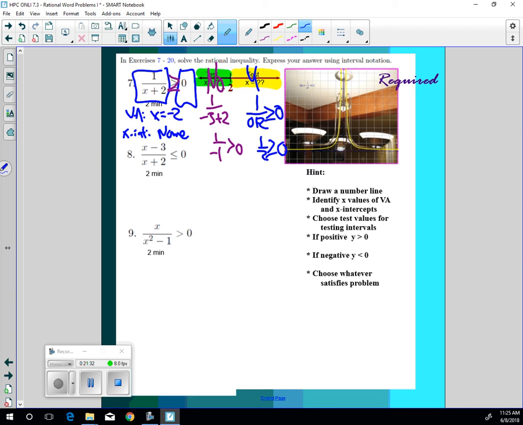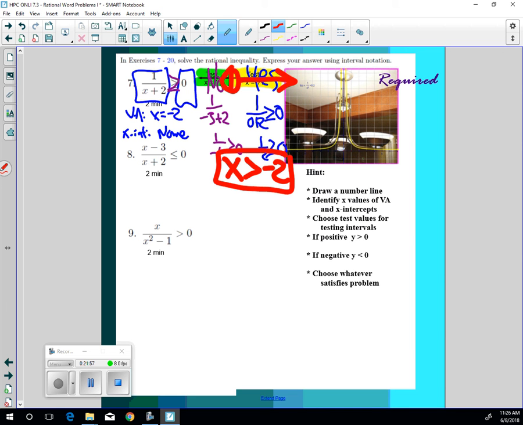Yes. So since we have this number line set up, all you have to do is say that the solution is x greater than -2. This part here, the yellow. It's open, and then it's all these. And you'll do that for each of these.